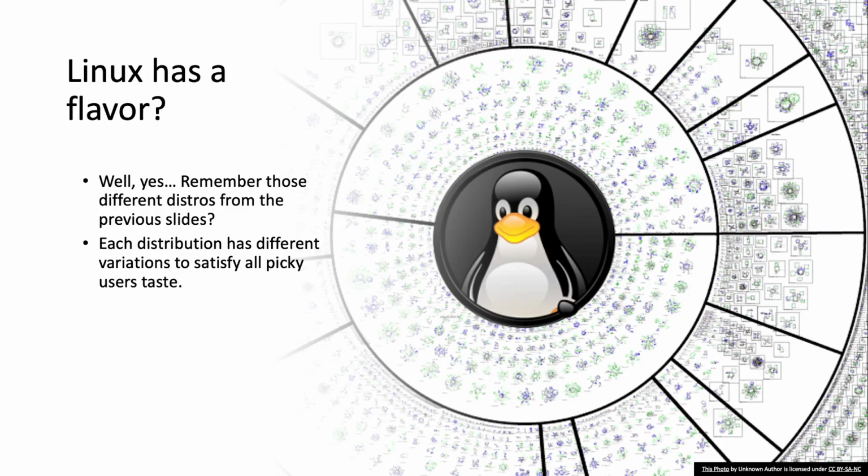Let's just say a slightly redesigned distribution, with some modification in the layout of the user interface, or not really crucial changes. Like I said on the slide, to satisfy the taste of every picky user.